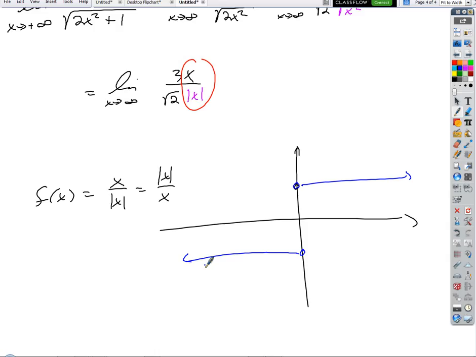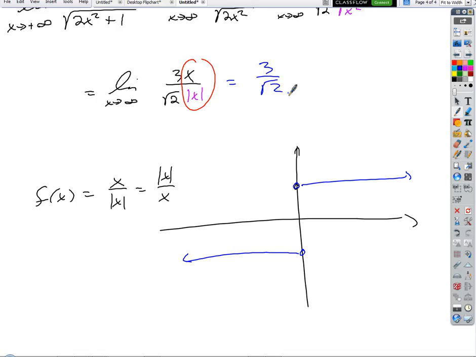Everybody agree? So as x approaches infinity, what's the value of that going to be? 1. x is positive then, right? If x is positive, this ratio is just 1, and so my answer is just 3 over root 2.